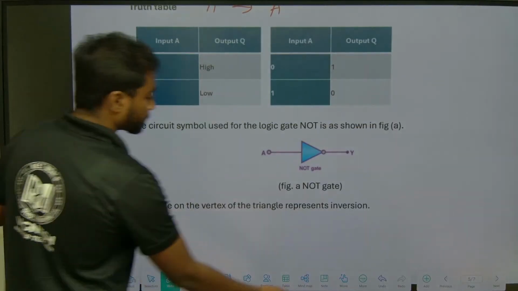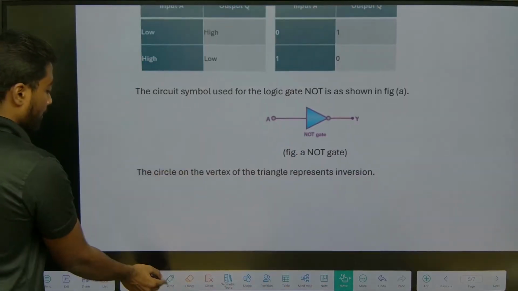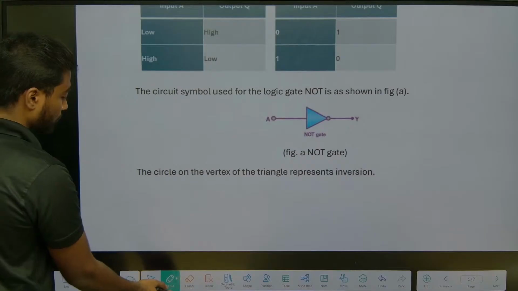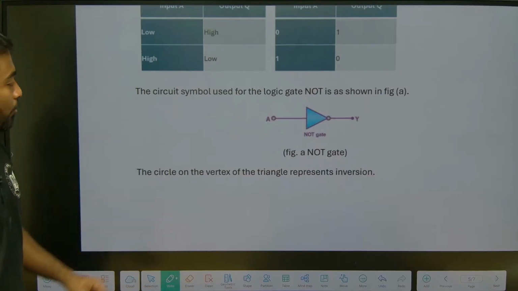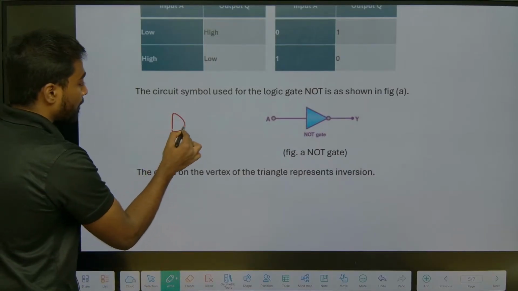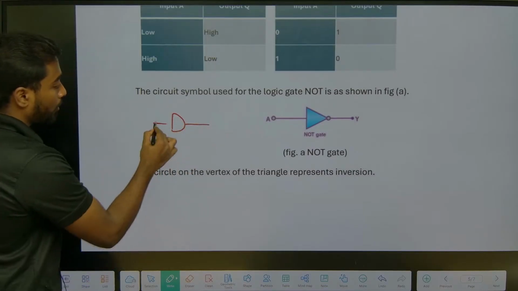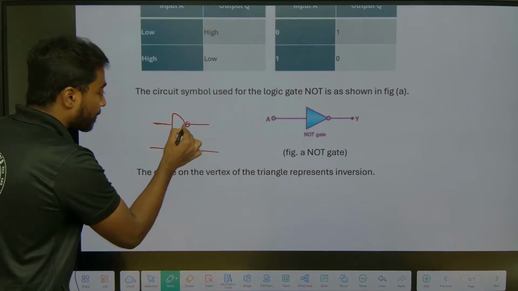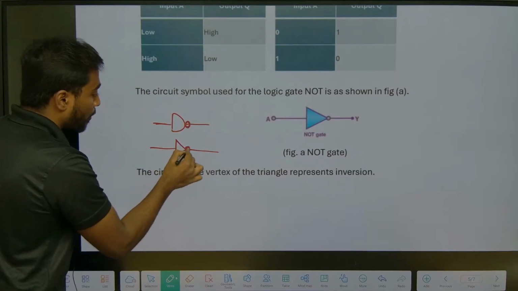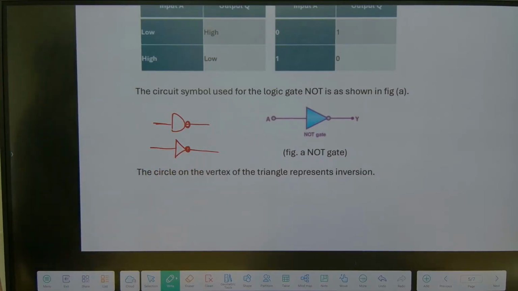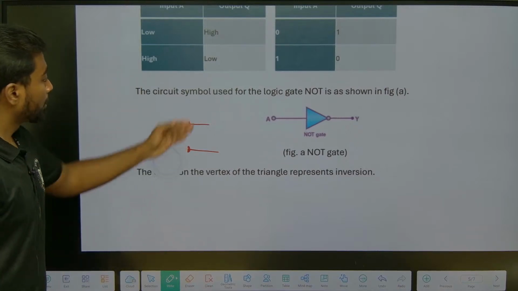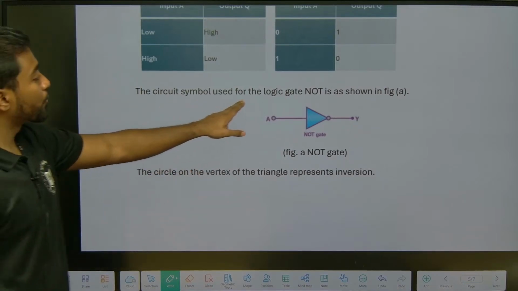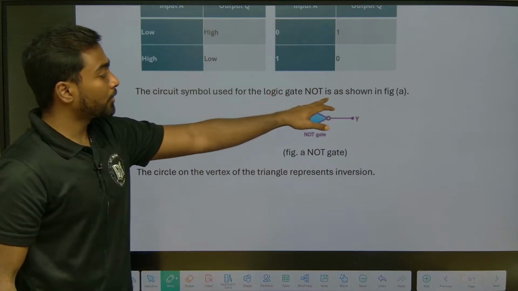Got it? So whenever we are writing an AND gate, OR gate, whatever, if you are writing like this, it's not a NOT. If we add a symbol, a small bubble in front of that, it's a NOT. So the circuit symbol used for NOT logic gate is shown in the given figure.